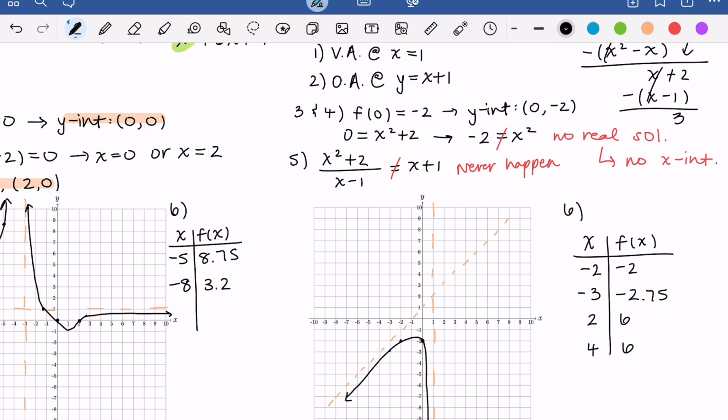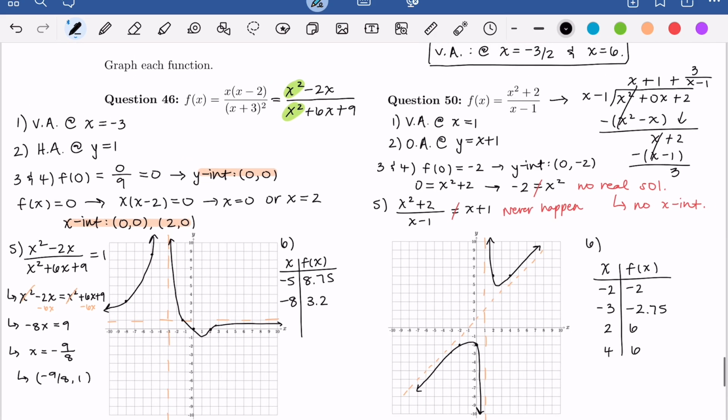Now our other points, we have (2, 6) and (4, 6), so that's going to be a point here and then a point here. We also know the behavior of this function: we're not going to cross these asymptotes. So this graph is going to look something like this, not passing these asymptotes. All right, so that'll be it for this video.